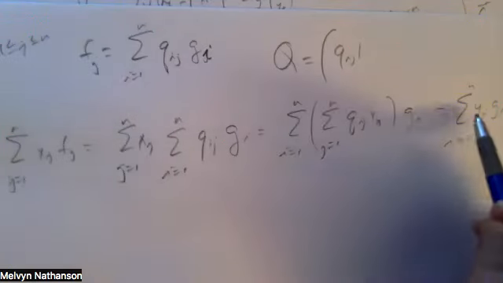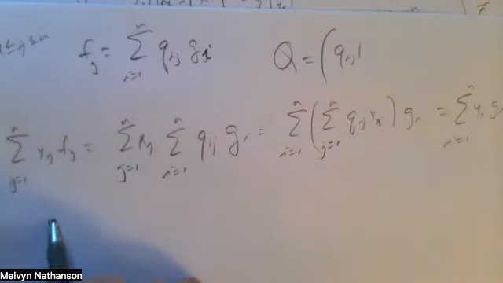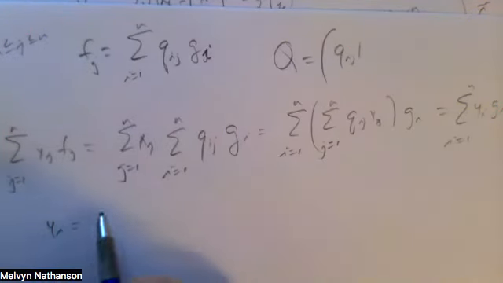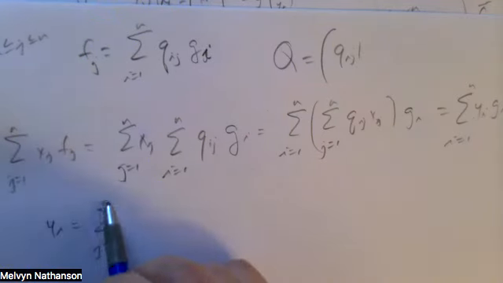So each Yi is equal to summation j goes from 1 to n, Qij Xj, which means Y1 down to Yn. Just as before, you have to redo the calculation.